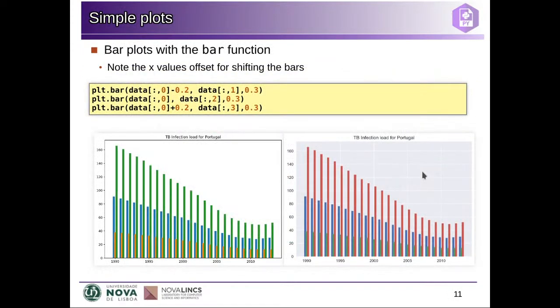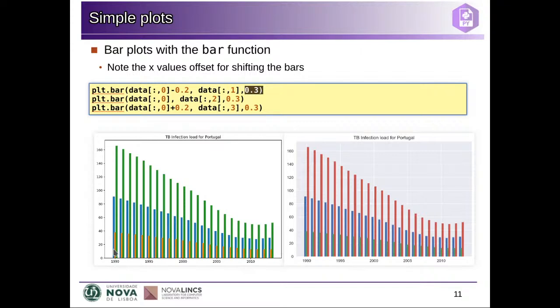You also have different types of plot. This is just an example of using a bar plot. In the bar plot, the x values determine the center of the bar, and you will have additionally a parameter for the width of the bar in the same units that the x values are. So in this case it will be in years.